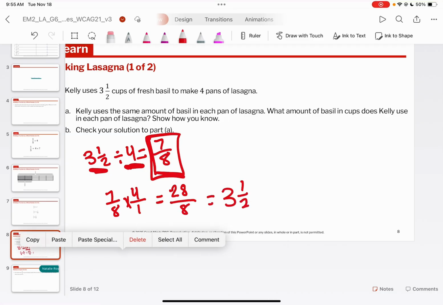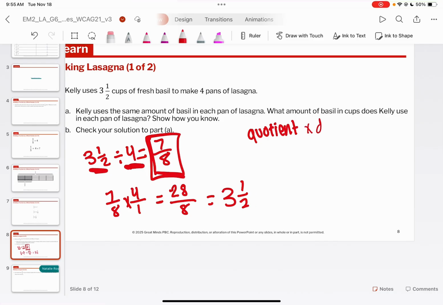Yes, it will. Okay, so if you're not sure, here's a hint. Your quotient times your divisor must always equal your dividend. And here's another example. 18 divided by 3 equals what number? 18 divided by 3 equals 6.